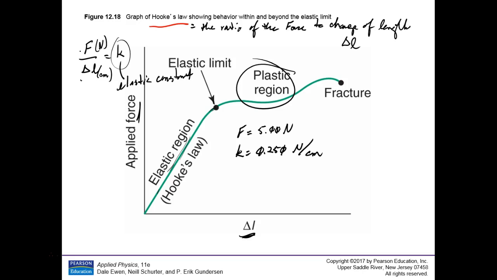Are we too much worried about we're not in SI units now? All we're looking for is change of length. If you use this formula this way, your change of length is going to come up in centimeters. Perfectly fine. In fact, that makes more sense than changing it to meters and having such a tiny change of length that makes no sense.